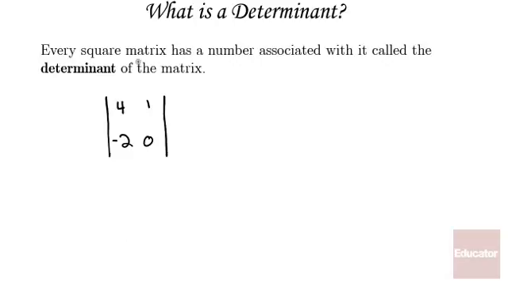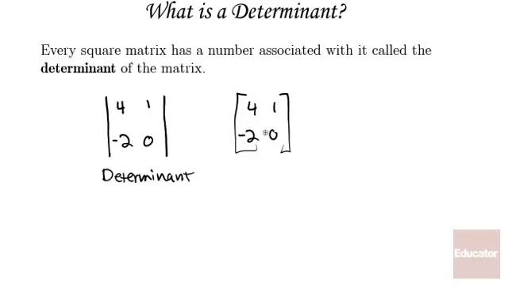Again, this is for square matrices only, and you use these vertical lines to denote that you're working with the determinant rather than the matrix. Because if I just use these brackets, that would actually be the matrix, a 2 by 2 square matrix.